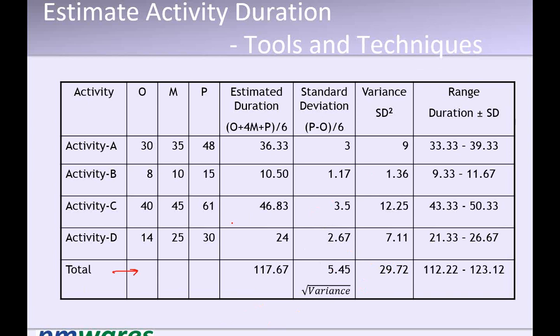Oh, okay. Basically, we cannot go with the standard deviation in case of total. Once we have the variance, based on that we'll go. You cannot add them. You have to take the variance, add them, and then take the square root of this.